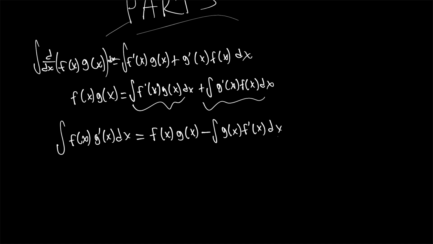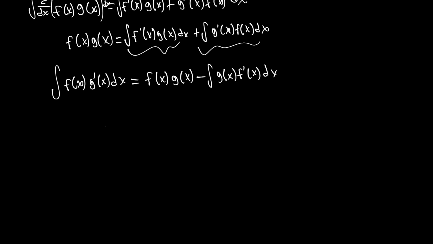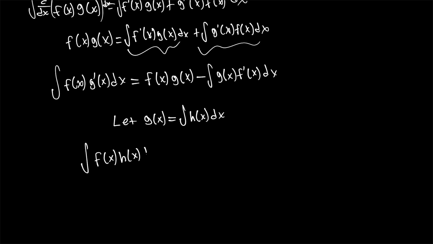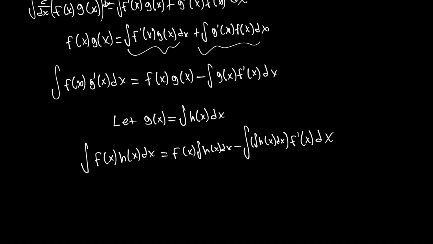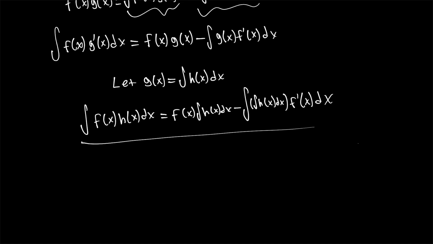And again, these functions are completely arbitrary at this point. So what we're going to do is we're going to let g of x be equal to the integral of some h of x with respect to x. And again, this is still arbitrary. But what this results in is this is the basic formula for integration by parts.